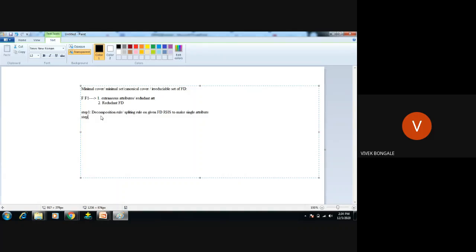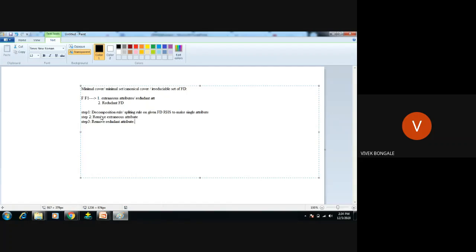So step 2, remove extraneous attribute. Then step 3, remove redundant attribute.